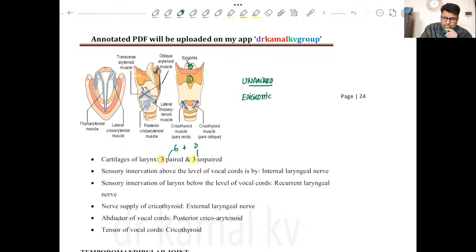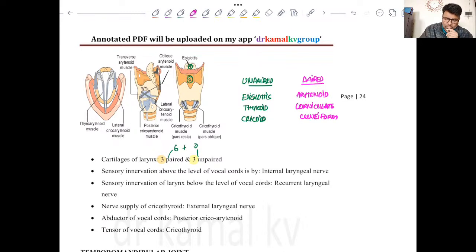Paired, one right side, one left side, are arytenoid, corniculate, and cuneiform.